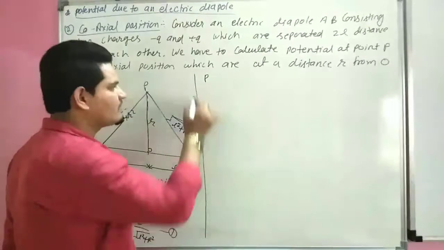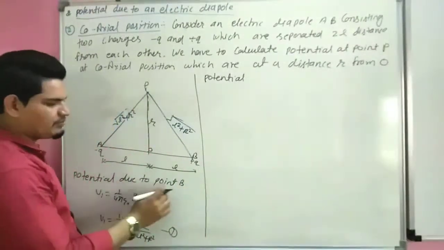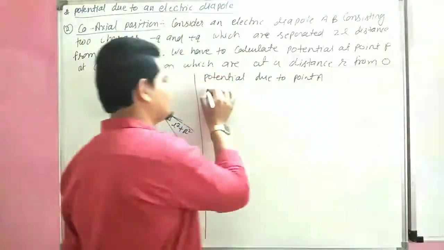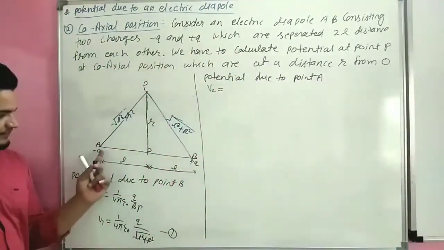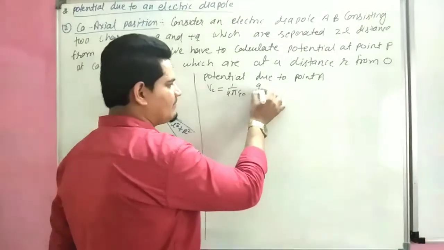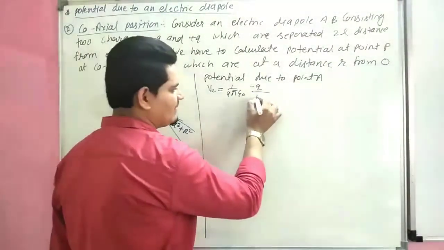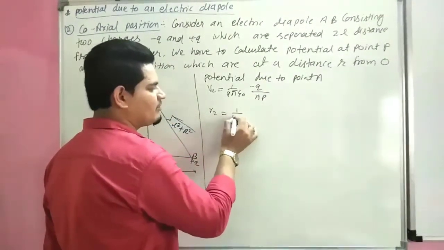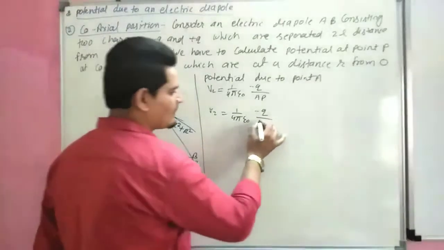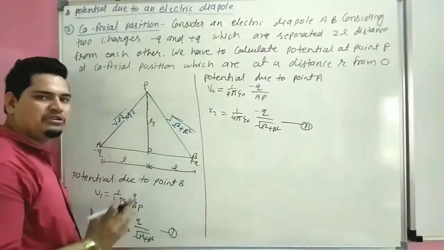Now potential due to point A: V2 is equal to 1 upon 4 pi epsilon naught, minus Q, divided by distance AP, which is under root L square plus R square. This is equation 2.